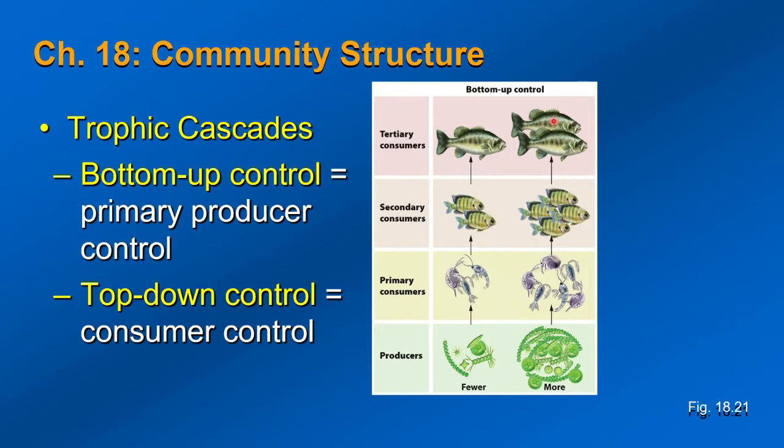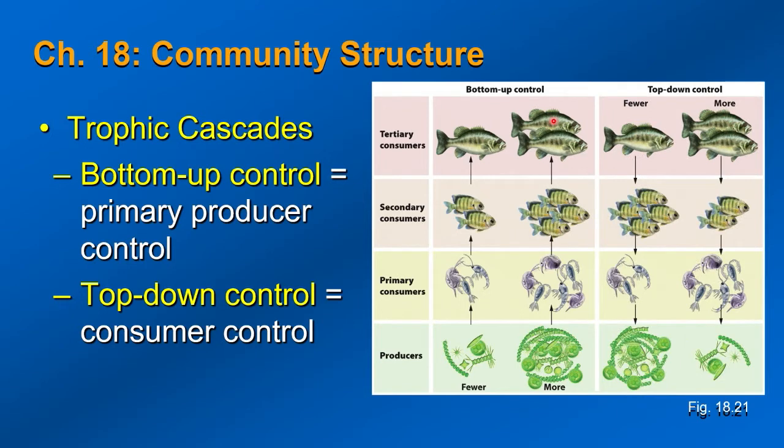Very different than top-down, which is also happening. So if you have fewer tertiary consumers, that releases the secondary consumers. They're not getting eaten as much, okay? And therefore, they're eating more of the primary consumers, which releases the producers. This is kind of called the green earth hypothesis. The earth is green.